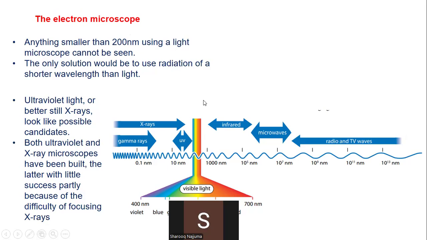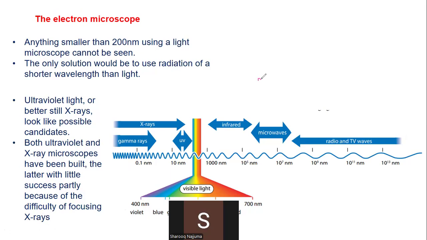The possible radiations that they could have thought about using were the ones this side, which have a shorter wavelength, shorter than 400 nanometers. So they tried using UV rays, but the UV rays could not easily be focused. Even X-rays could not easily be focused.